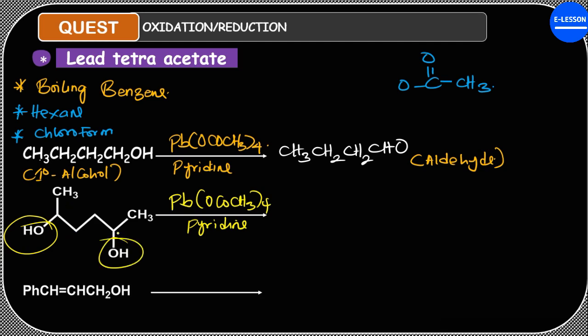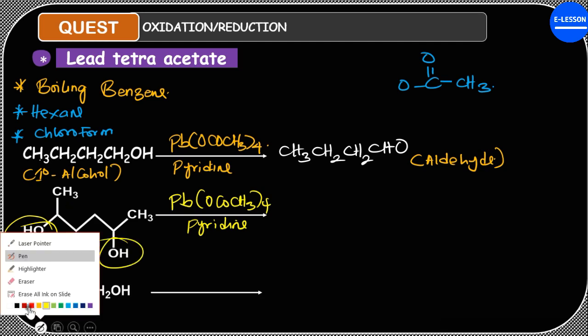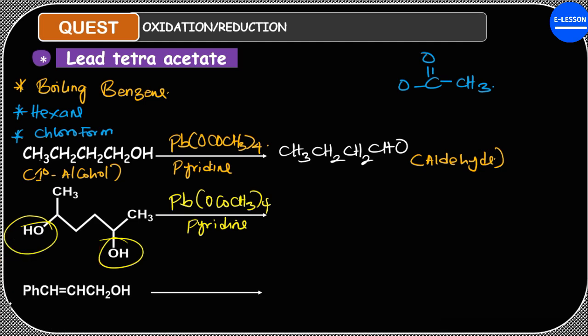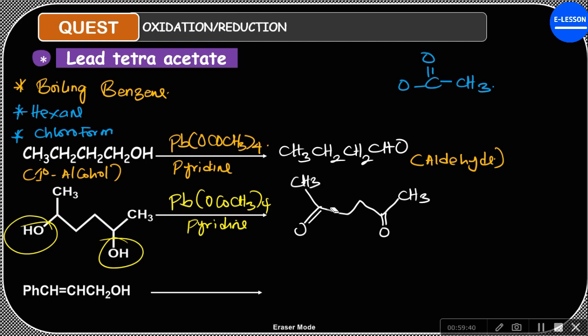If we oxidize these 2 secondary alcohols to ketone, the product of this reaction would be something like this. Here will become double bond O, CH3. Here becomes double bond O, and here becomes CH3.